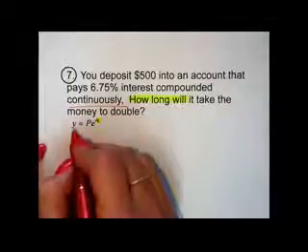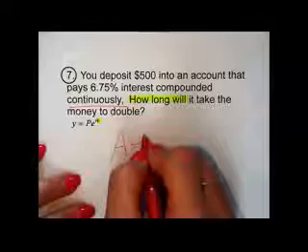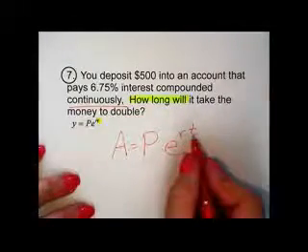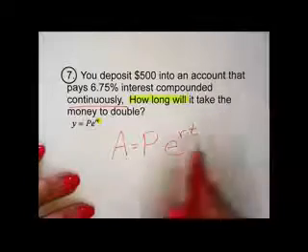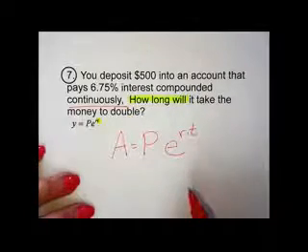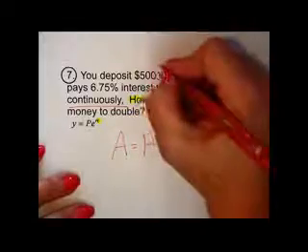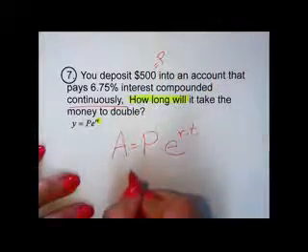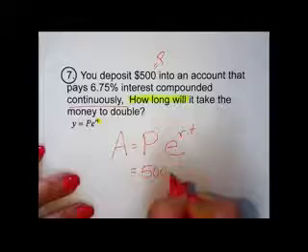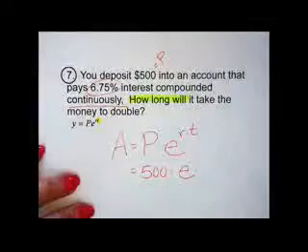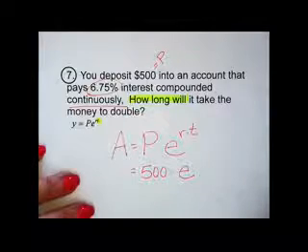So we have y, or A, equals P times e to the rt. And we're solving for t. So that means they had to have given us everything else. You deposit $500. So that's what you start with. 500 times e to the, it pays 6.75% interest.